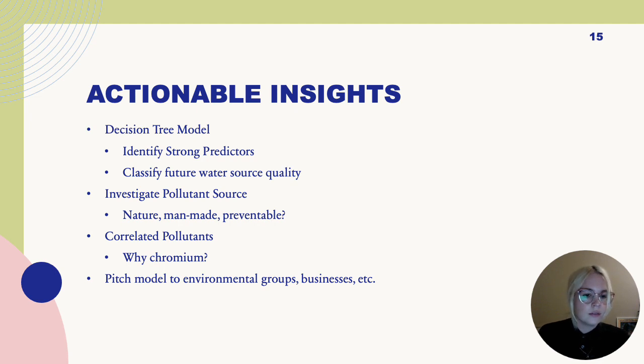And this model can also be a jumping off point for investigation into pollutant sources. So now that we know that chromium is the most prevalent and the strongest predictor variable, we can see where it comes from, why it is in the water, is it somehow natural, is it man-made, is it preventable. And we can also look at the correlated pollutants.